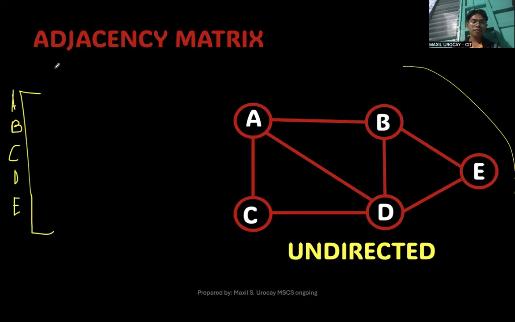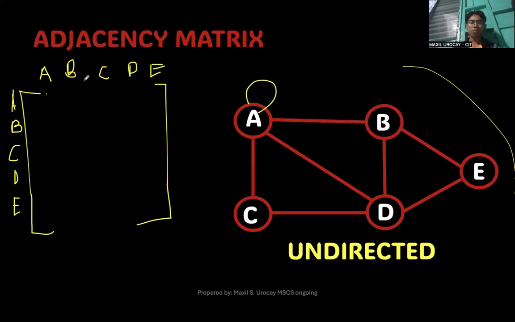We also have letter A in your row, then B, C, D, and E. In your matrix, you have to compare each address. So A and A: is there any A to A?